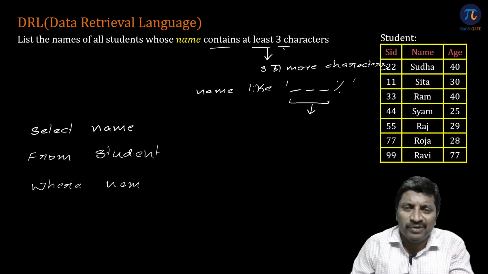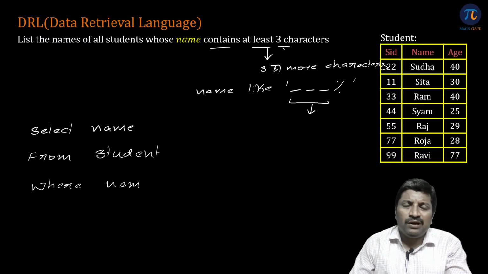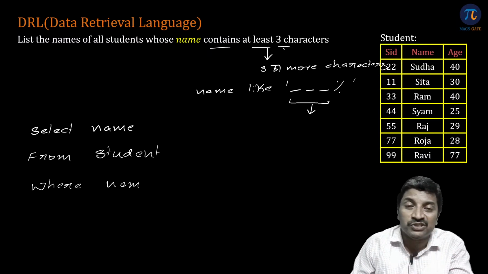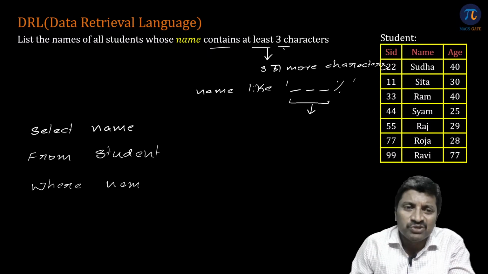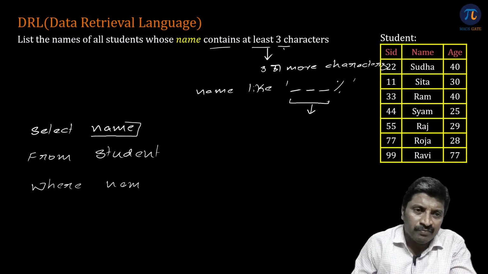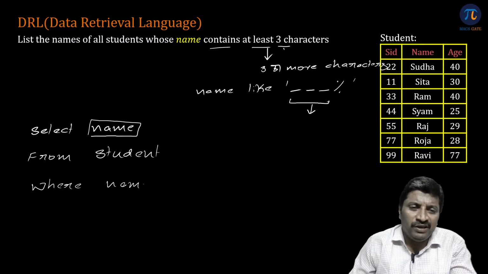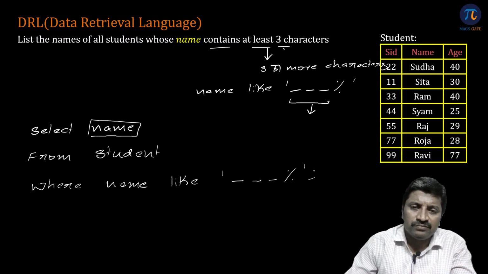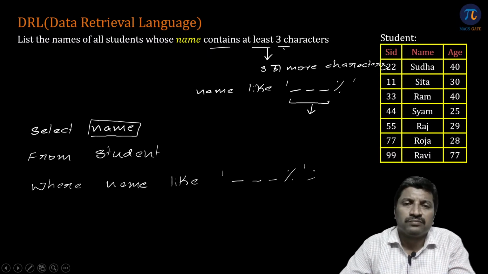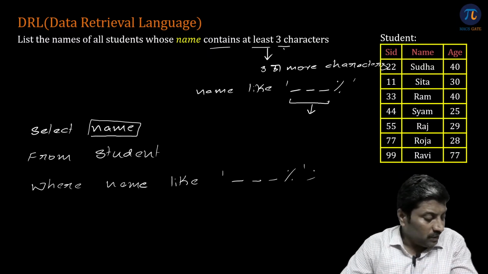Sir, please observe the previous examples also; I did not observe it, I simply wrote select star. If it is only names, we need to write select name from student where name like 3 characters followed by any string. Name contains at least 3 characters.